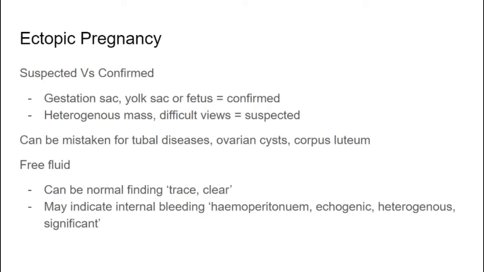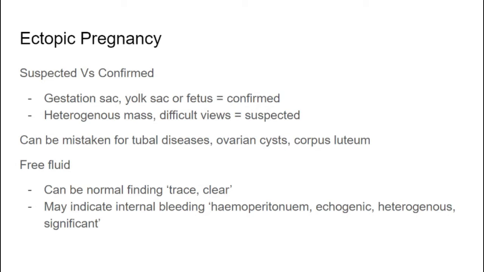The next thing we look at if we're suspecting an ectopic pregnancy is free fluid. This can be a normal finding in early pregnancy where it's just this trace of clear fluid. It comes up as just plain black. What we're more worried about is if this fluid is indicating internal bleeding. So is there hemoperitoneum, which is the fancy Latin name for blood within the abdomen, so blood within the peritoneal cavity.